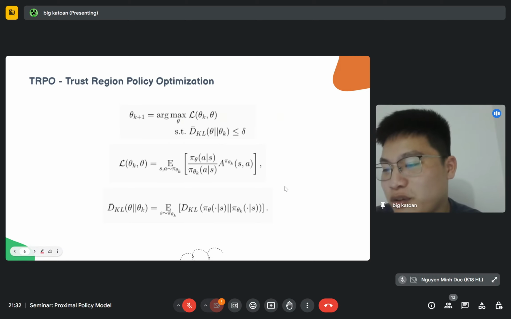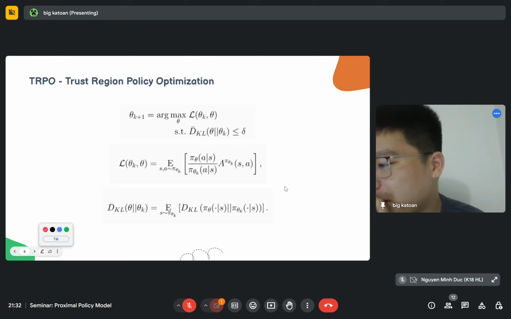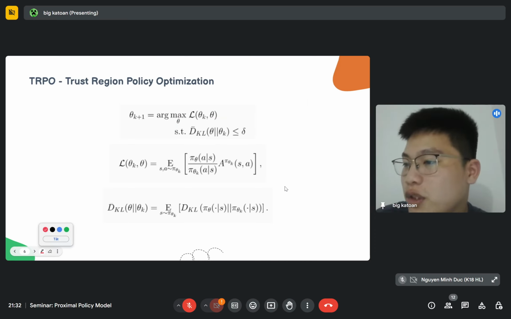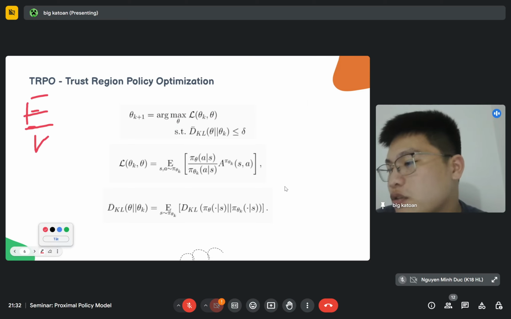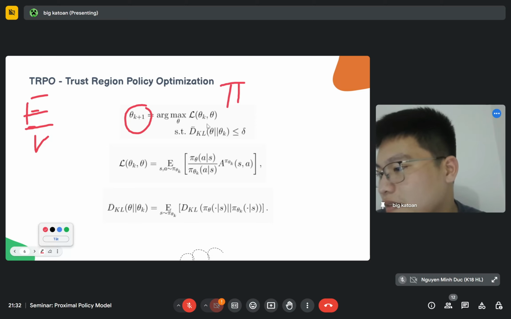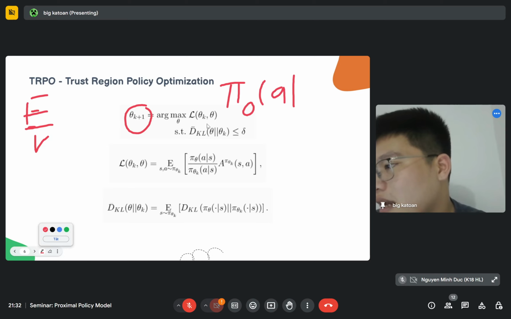The actual reward and the expected reward are a little bit different. The expected reward is the reward when pi theta takes action a in state s, right?